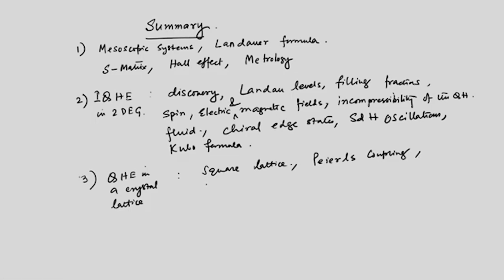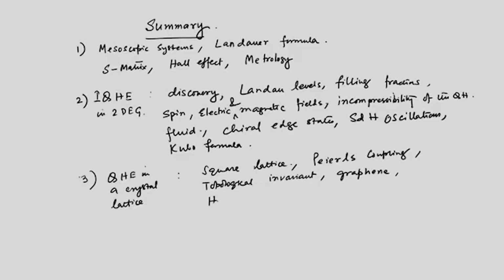Then we have talked about the topological invariant, which is the Chern number in this particular case. And then very importantly, we have talked about graphene in reasonable detail, what happens to the Landau levels in graphene and how they are different from the 2D electron gas, and what the quantization is like for the Hall plateaus in graphene, which are significantly different from that of the 2D electron gas.